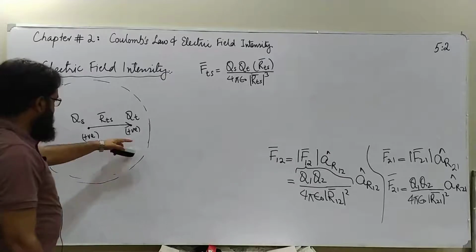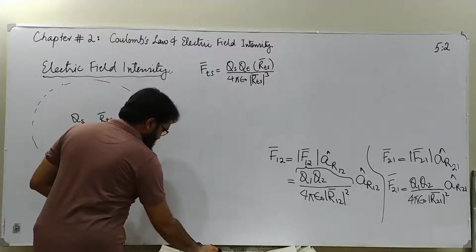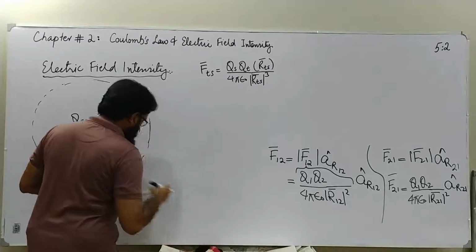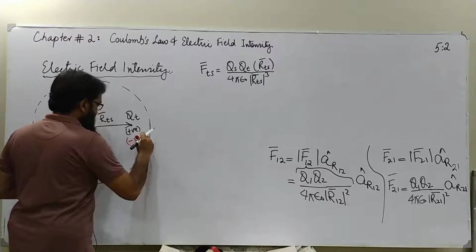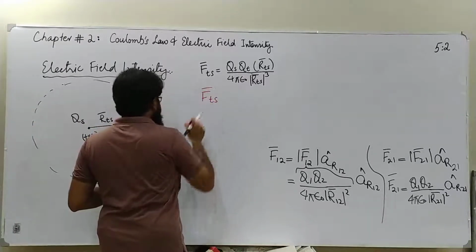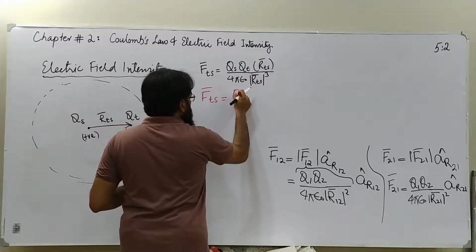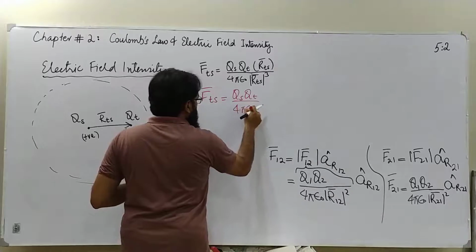And if, let's say, the test charge is negative, I'm writing it in red, in that case the force on the test charge due to the source charge is equal to Q_S Q_T divided by 4 pi epsilon naught.